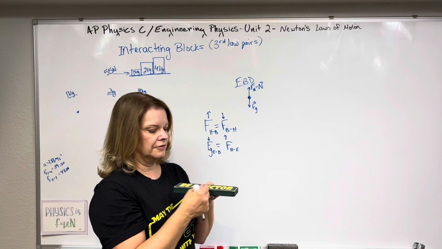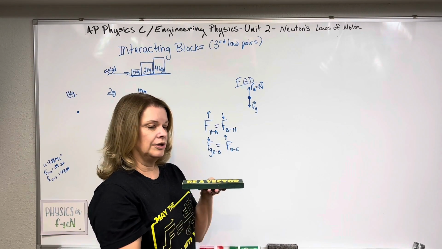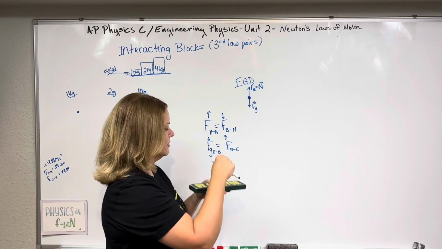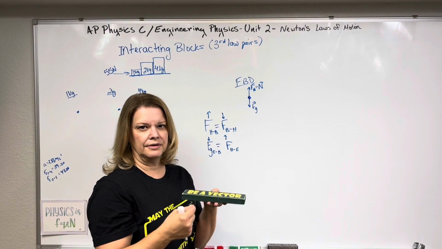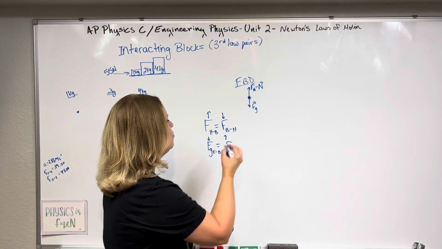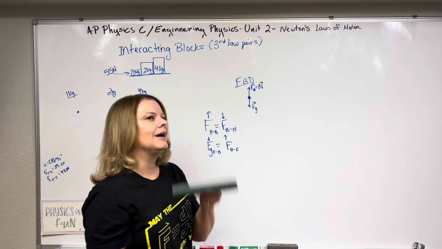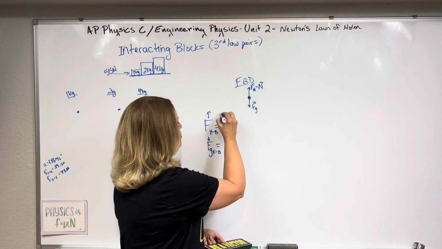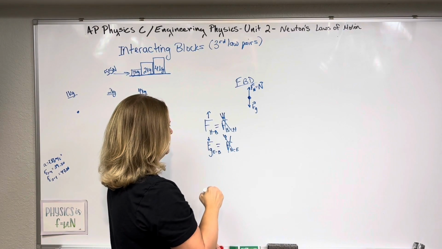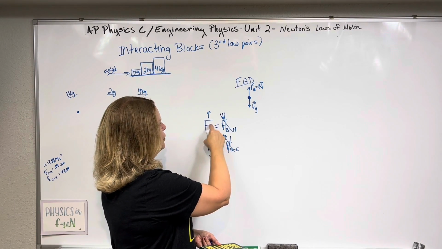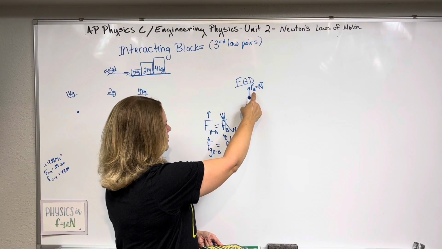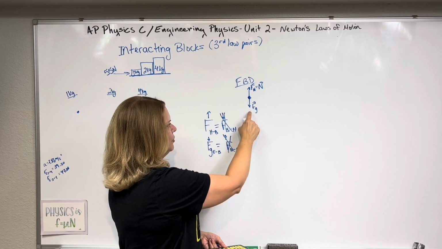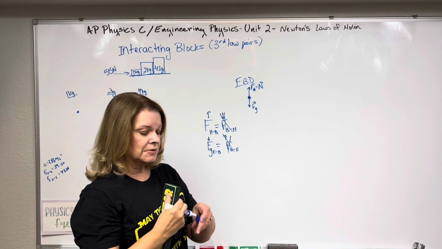Second third law pair, the force of the Earth pulling down on this block, and the block pulling up on the Earth. Kind of crazy. But we never put what the block is doing. We don't put these two on a free body diagram. So we end up with the normal force, that force of the hand on the block up, and gravity pulling down. All right? I just want to make sure you know that.